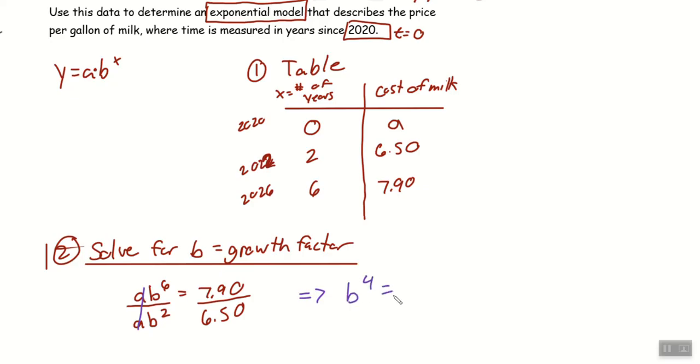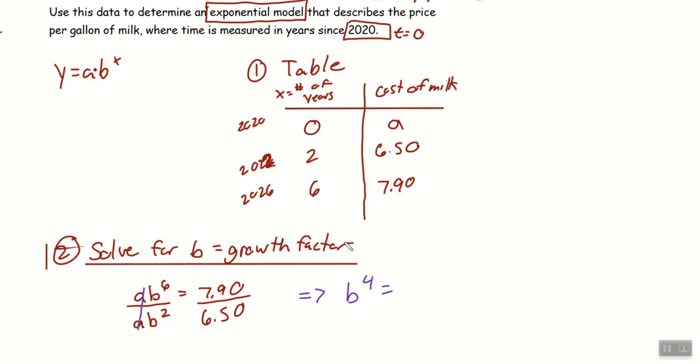And then in your calculators, what is $7.90 divided by $6.50? What is the right side of my equation when I do division?